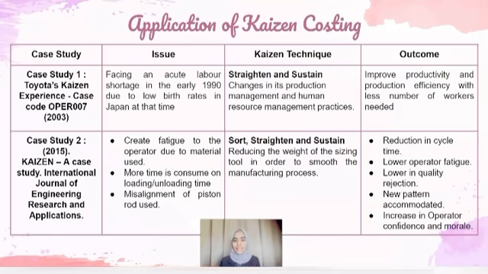The Kaizen techniques they highlight here are sort, straighten, and also sustain, because they reduced the weight of the sizing tool in order to smooth the manufacturing process. As a result, the Kaizen costing technique implemented was able to reduce the cycle time, lower operator fatigue, lower quality rejection, accommodate new patterns, and also increase operators' confidence and morale.